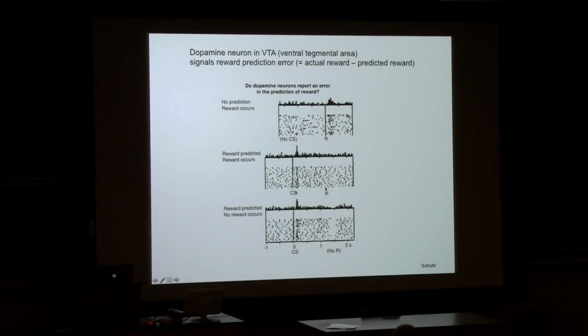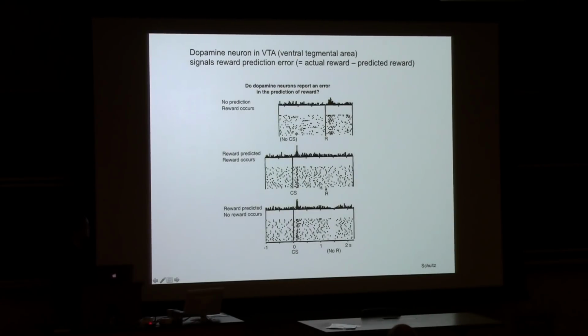So if you do this conditioning test, like Pavlovian conditioning, you hear a beep, and eventually you get a reward, right? After some training, eventually you see the dopamine neurons start to respond to the conditioned stimulus, that beep.